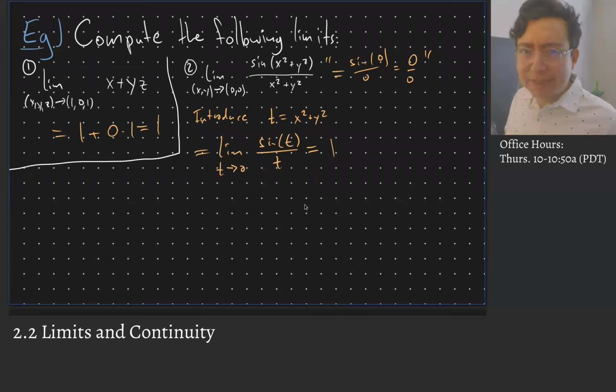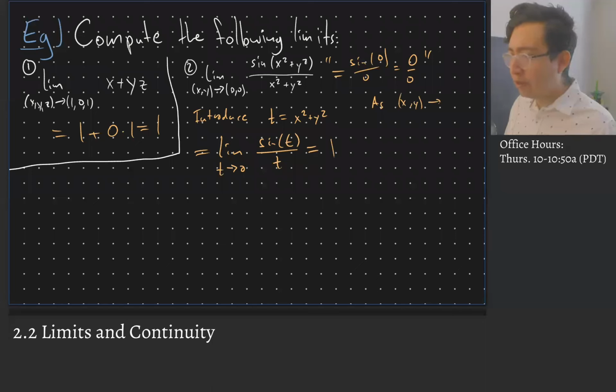Let's recap what we did there. We had 2 variables. It was hard to keep track of them. We didn't know how to proceed with 2 variables. So we realized that the 2 variables we could just turn into 1 variable, which feels kind of like cheating, but it works out, right? Because the important thing is that as xy goes to 0, 0, x squared plus y squared goes to 0.